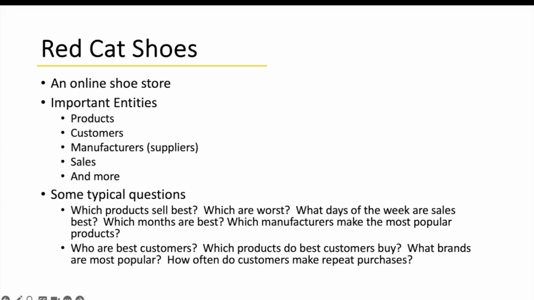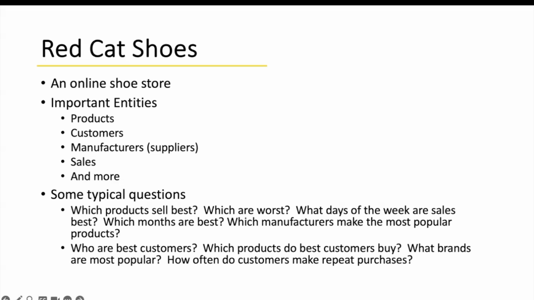Some typical business questions that might arise when using this database include, for example, which products are selling the best and which are selling the worst, which days of the week sales are the highest, which days you have the most visitors on your website, which manufacturer is the most popular among the suppliers, or who are the customers that visit your website often but don't make purchases.